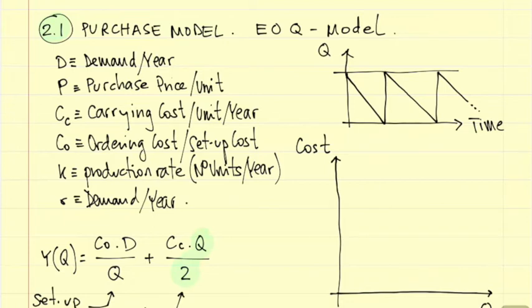The more we order, the more inventory we carry, and therefore the more cost we have.